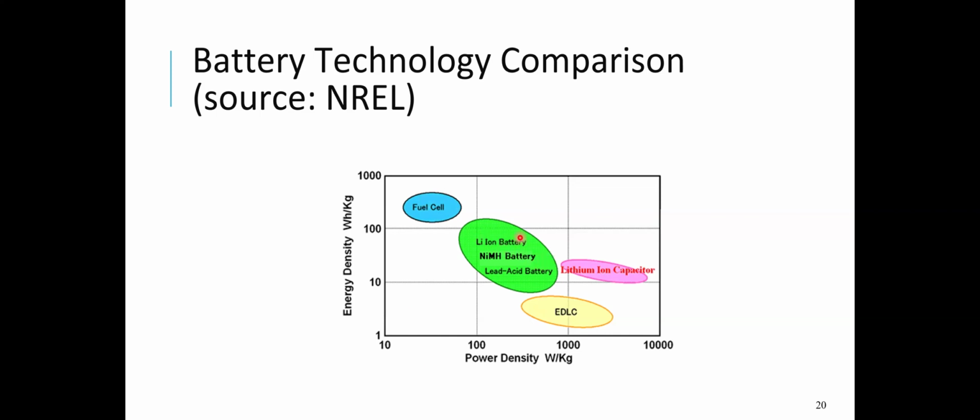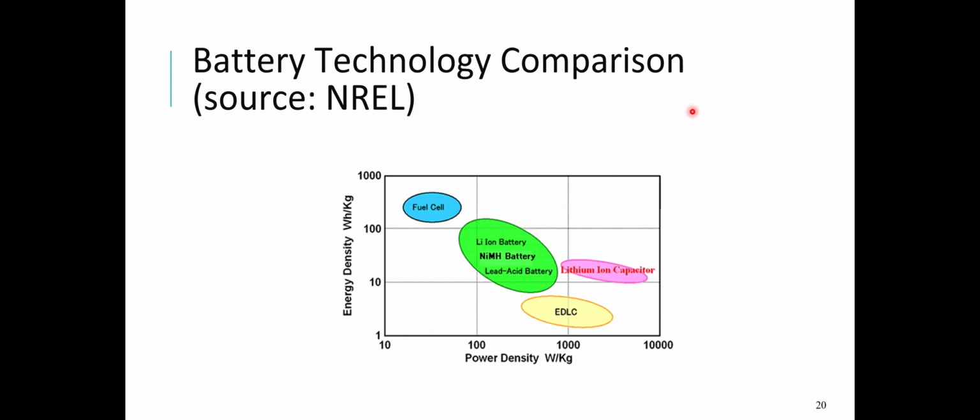Then here in the middle, I have lithium-ion batteries, nickel metal hydride batteries, and lead acid batteries. If you Google Ragone plots, you can find plots that differentiate between these three chemistries. Lead acid batteries are typically all the way down here, and lithium-ion batteries are going towards this edge here.